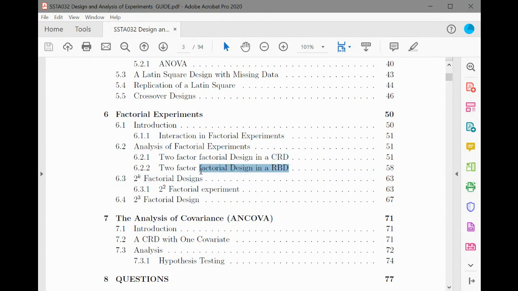So again, we'll be doing this one, 6.2.2. But this one, I will just explain how it works and we'll also do the example. It is not that time consuming to deal with this two-factor factorial design in a randomized block design case.